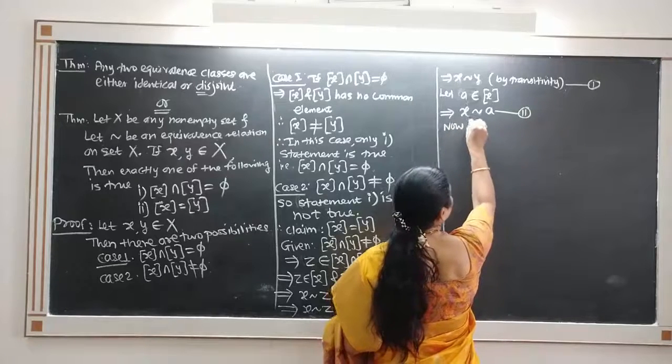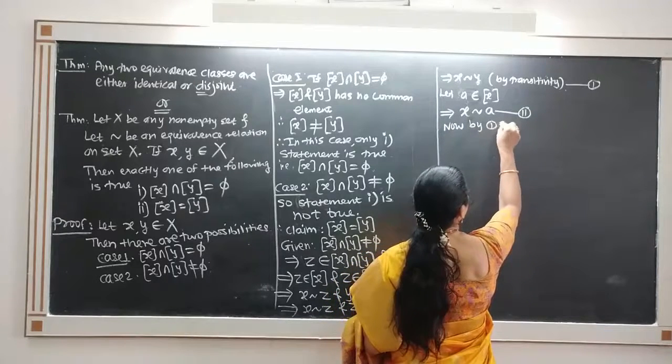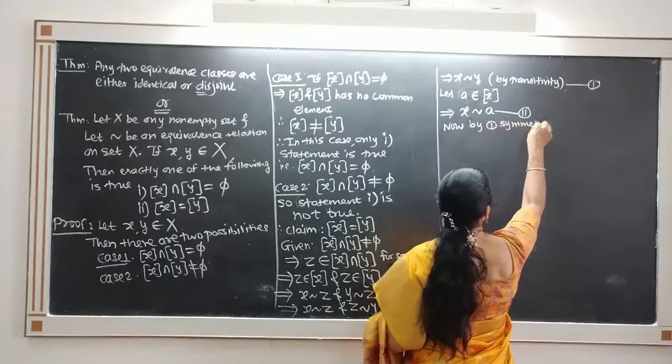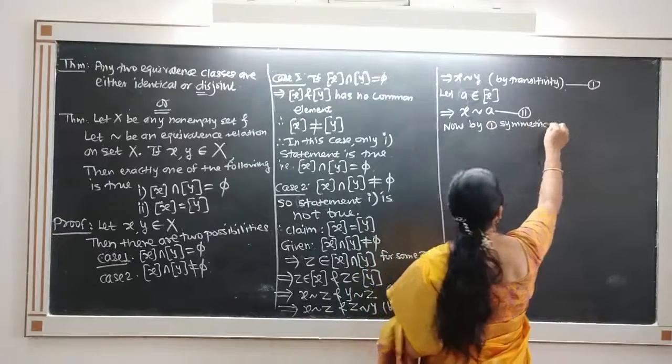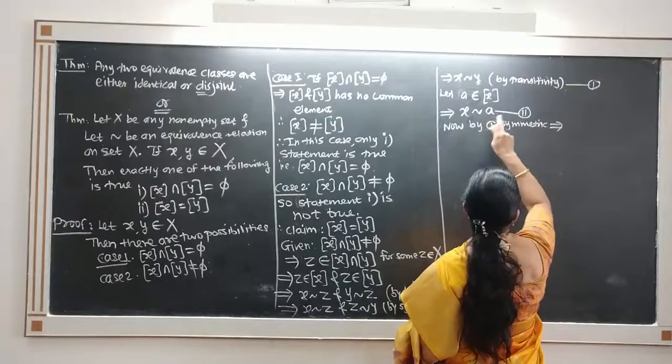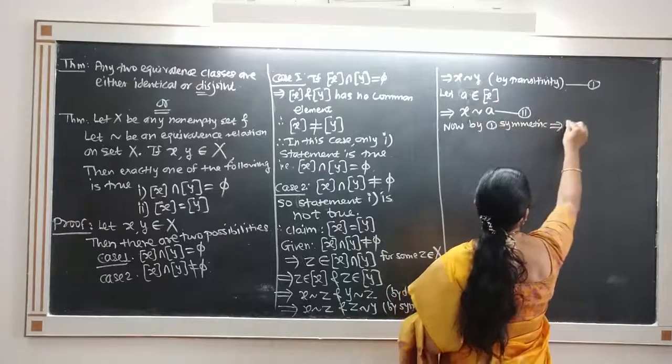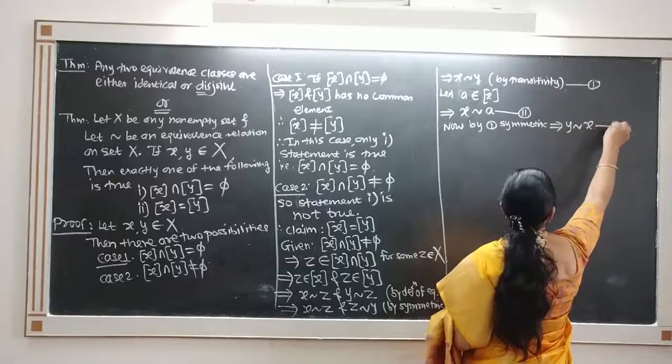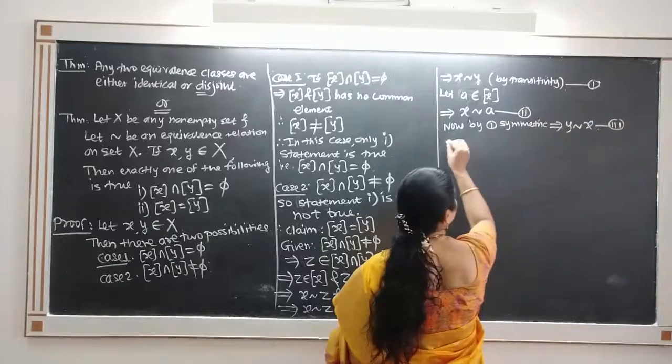Now by one and the symmetric relation, Y is also related with X. So consider the second and third.